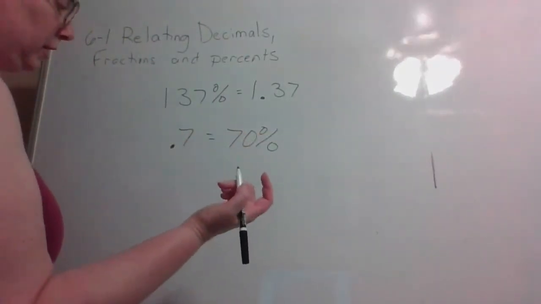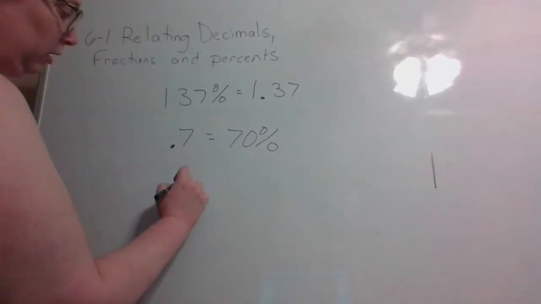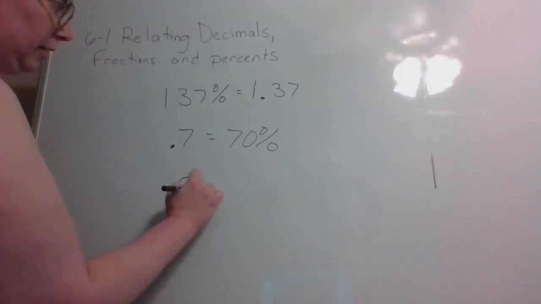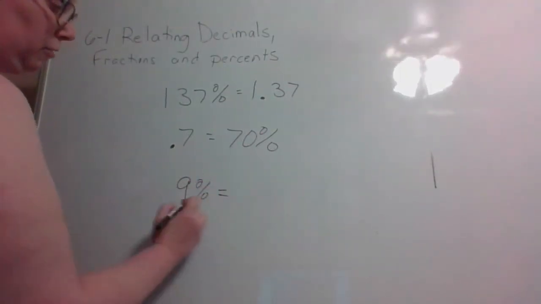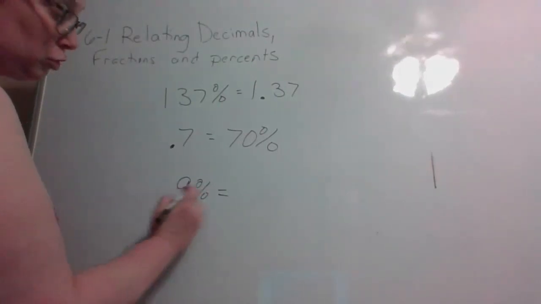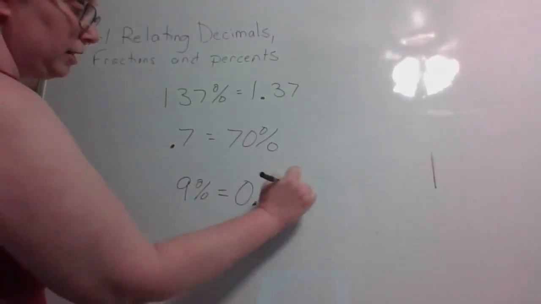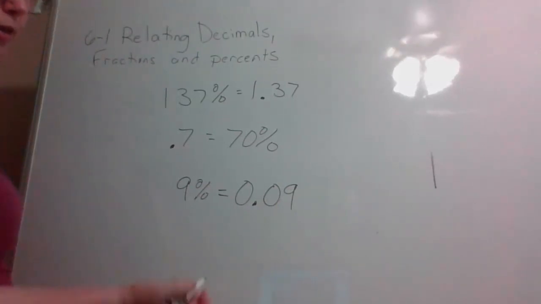If you had, say, 9%, remember that that decimal is going to move 2 places, so you would end up with 9 hundredths.